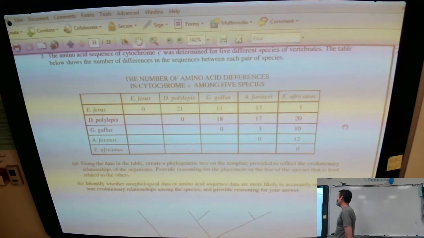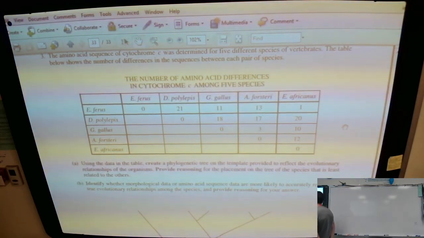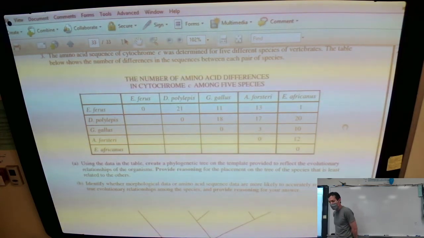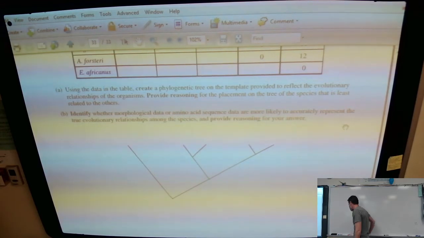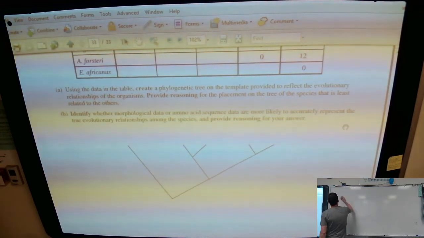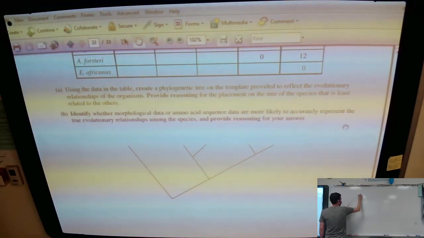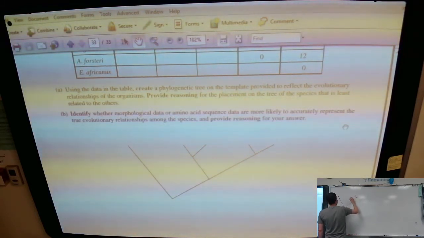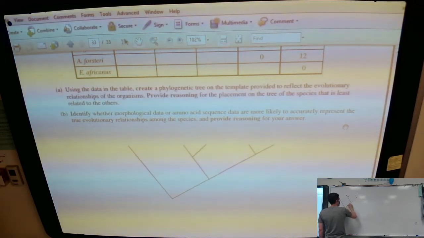Create a phylogenetic tree on the template provided to reflect the evolutionary relationships of the organisms. Then provide reasoning for the placement on the tree of the species that is least related to the others. Let me scroll down so you can see the tree that you're going to draw on.